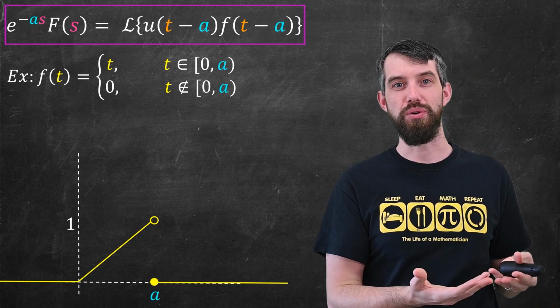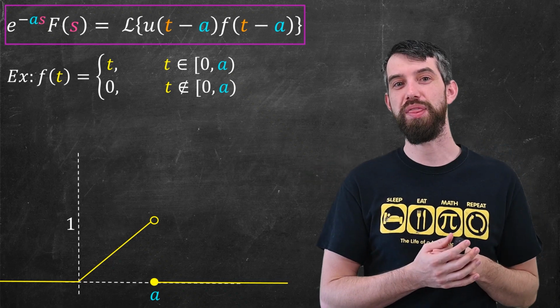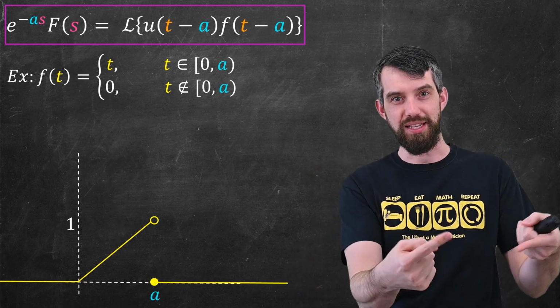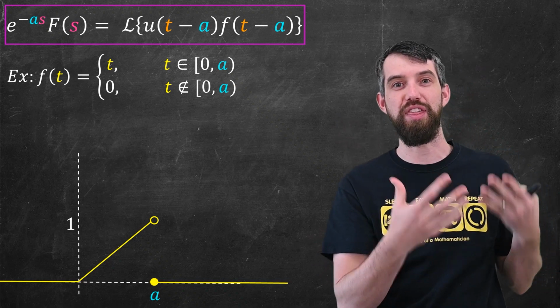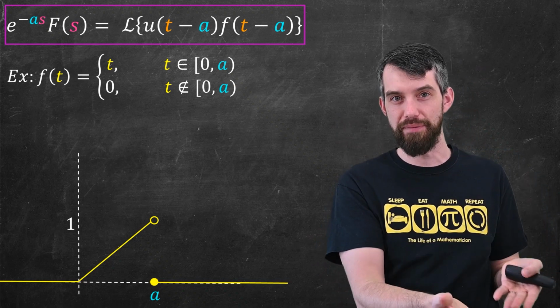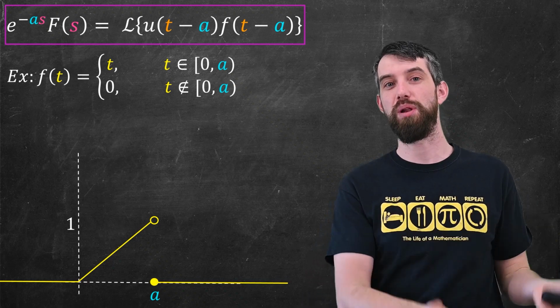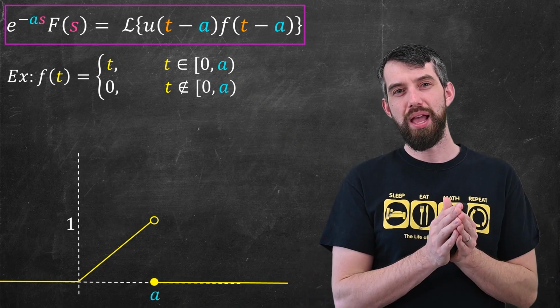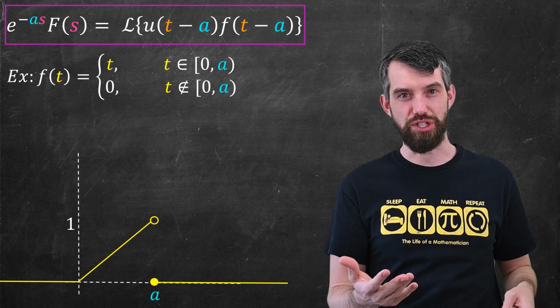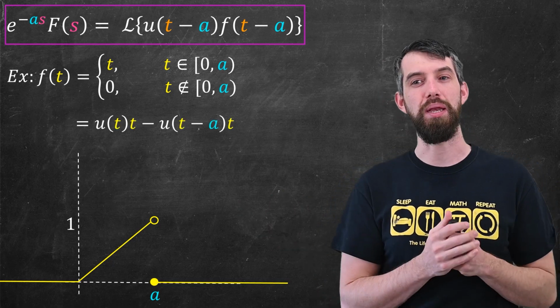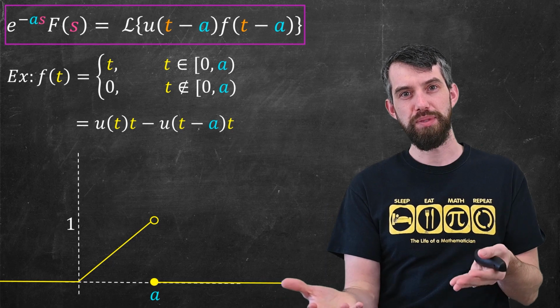So what I want to try to do is say, okay, this is some piecewise defined thing. Can I write this as some combination of things that are related to the step function? If so, I should be able to take the Laplace transform. Indeed, if I try to write this with step functions, I'm going to conjecture the following. It's actually got two terms.